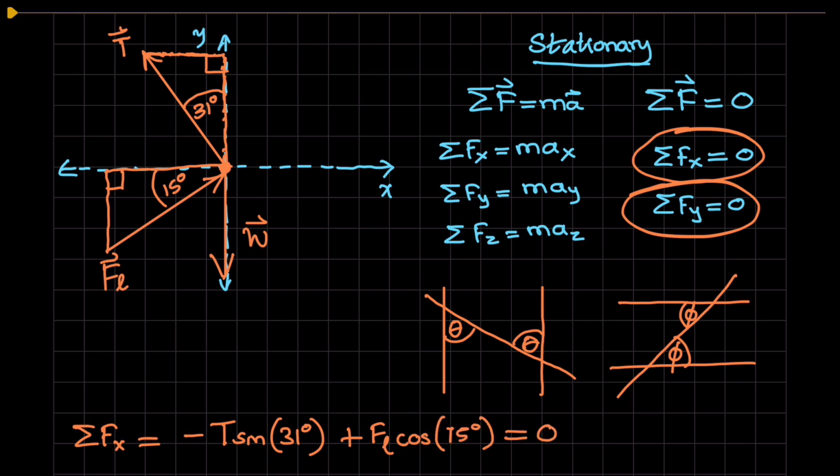I recommend when you're breaking the vectors, just do it using trigonometry. Don't worry about whether the x component is positive or negative. Just find the side, and figure out, okay, the component of tension in the x direction is T sine 31 degrees. Well, you need to figure that out first. Once you know that, then you can figure out whether it is negative or positive by looking at, from the center of your coordinate system, how do you get to the end of the tension vector?